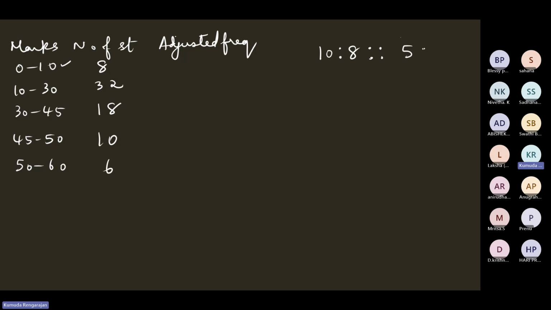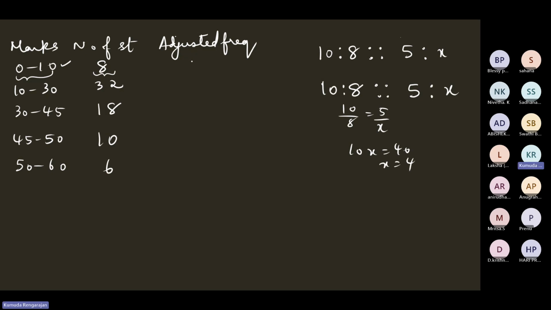If 5 is the size, then what should be the frequency? You can work this. It's nothing but 10 by 8 is equal to 5 by x. When you cross multiply, 10x is equal to 40. x is equal to 4. So the frequency is 4.